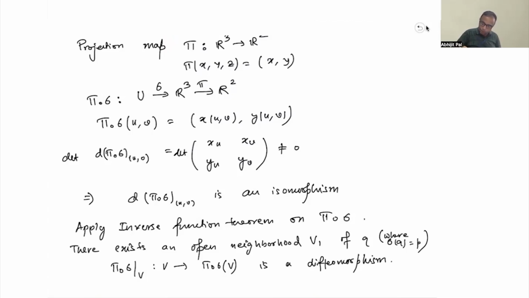So there exists an open neighborhood B1 of Q such that pi compose sigma restricted to B1, to this image pi compose sigma of B1, is a diffeomorphism.